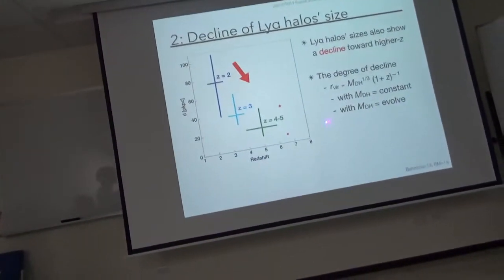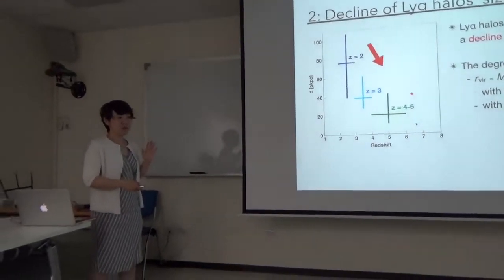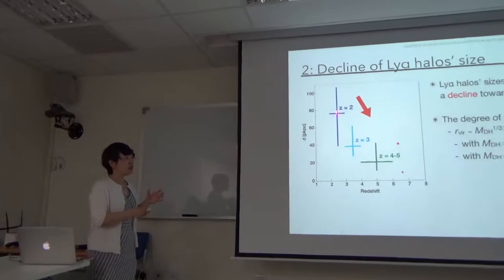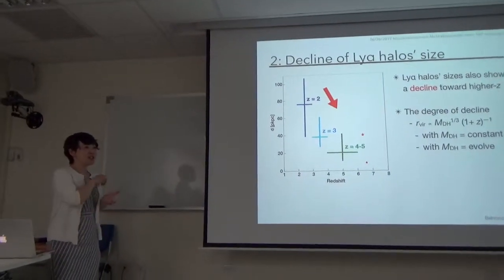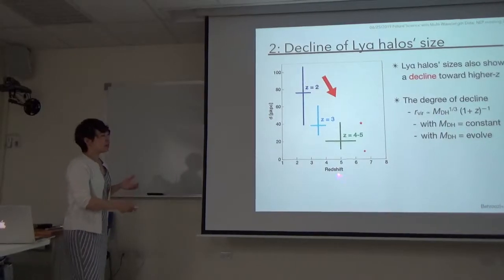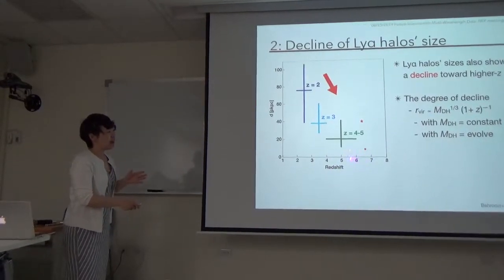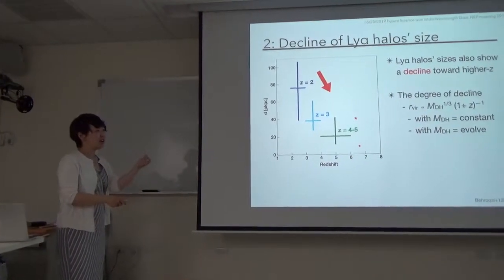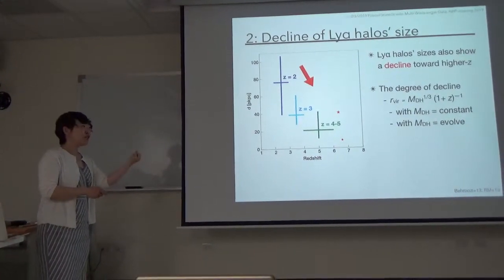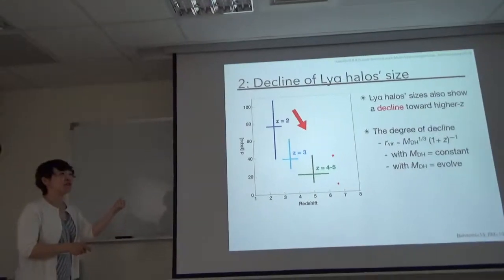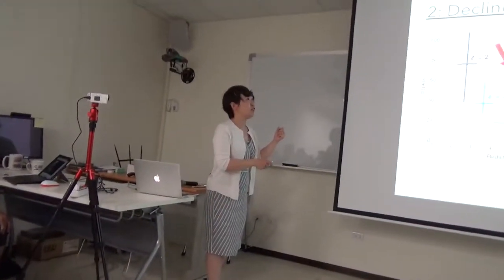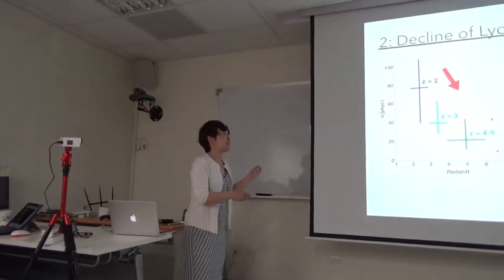What we assume as evolved is that quasars at each redshift are on the same evolutionary track of one halo. So, for example, at redshift 6, a halo with a mass of maybe 10 to the 11 must evolve to 10 to the 14 or 10 to the 13 by redshift 2, right?